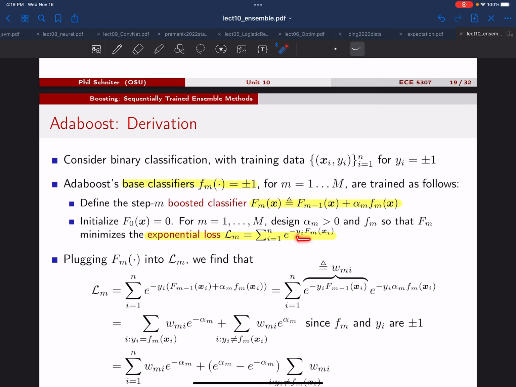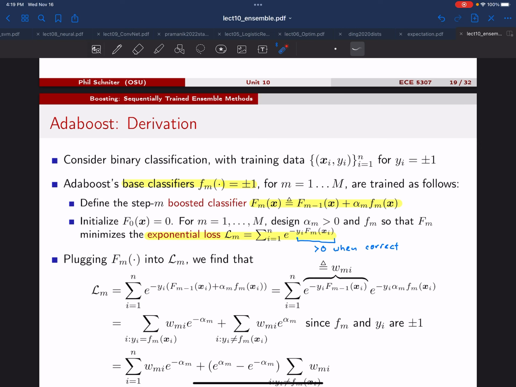So when you look at this sign corrected thing, yi times F is going to be greater than 0 when you make a correct decision, right? When xi comes from a positive label and you multiply it by the label 1, that thing's positive. Or when xi comes from the label -1, and then you multiply, that should be negative, and you multiply by -1, and the result, again, is positive.